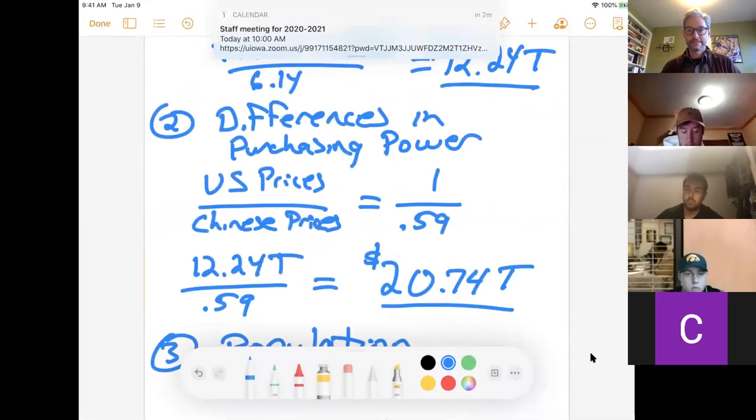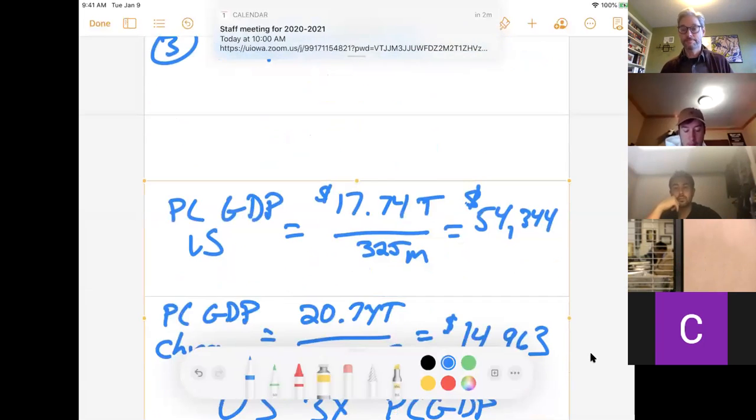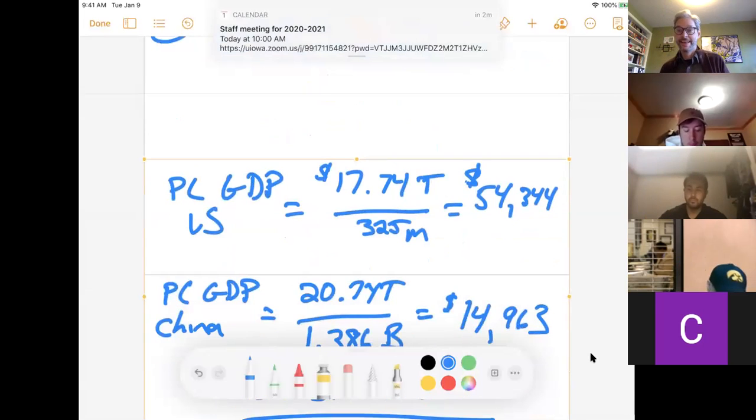You forget step number 2 here. You forget the fact that purchasing power is different between the two countries, because that's one of the things that makes China look much richer. So if your intention is to prove that China is a lot poorer than the United States, you forget that. If your intention is to prove that China is a lot richer than the US, you forget about the fact that you have to think about differences in population, right?